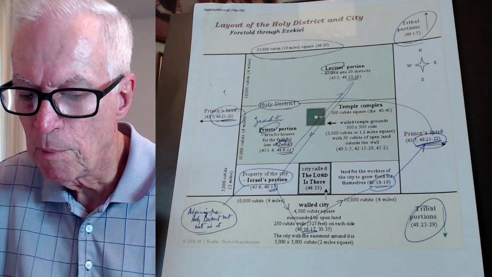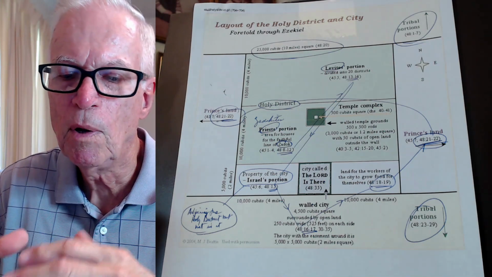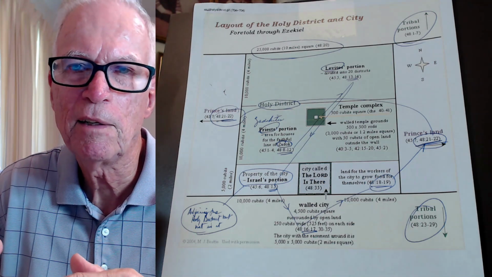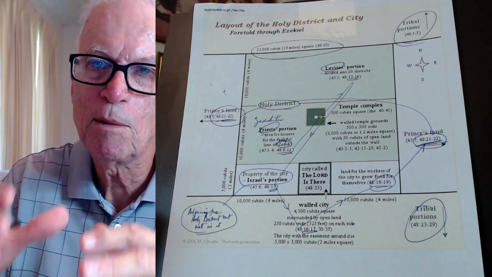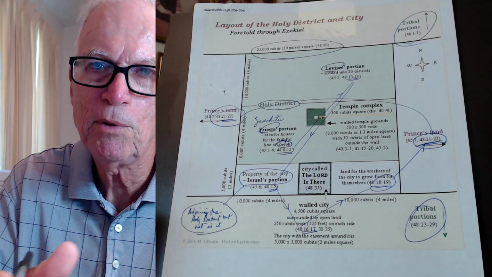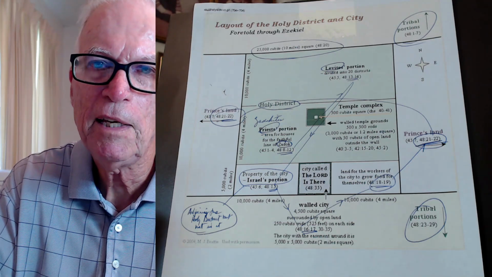I want to remind you again, I don't know how many times I've reminded you, but we don't want to start thinking about this being heaven, which would make it the new Jerusalem and the new earth, the new heaven, that sort of thing. It's not. This is the Millennial Kingdom. God reigns and rules from here, but it is not the new Jerusalem. It's the Millennial Kingdom.